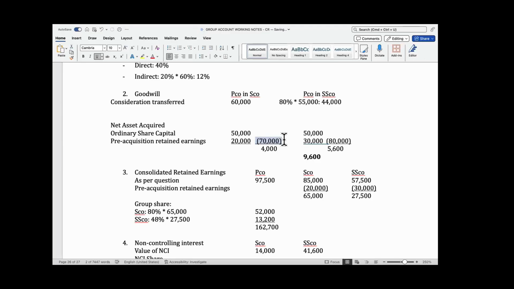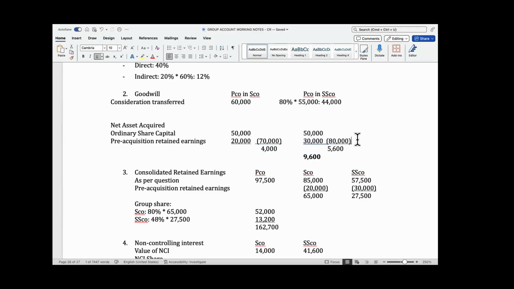If I do 80% of 70,000, what would that give me? 56,000. If you compare 56,000 to 60,000, what would that give us? That's 4,000.